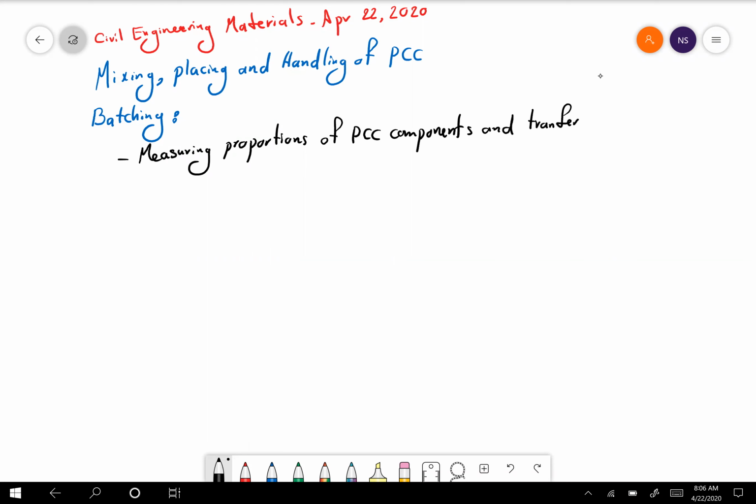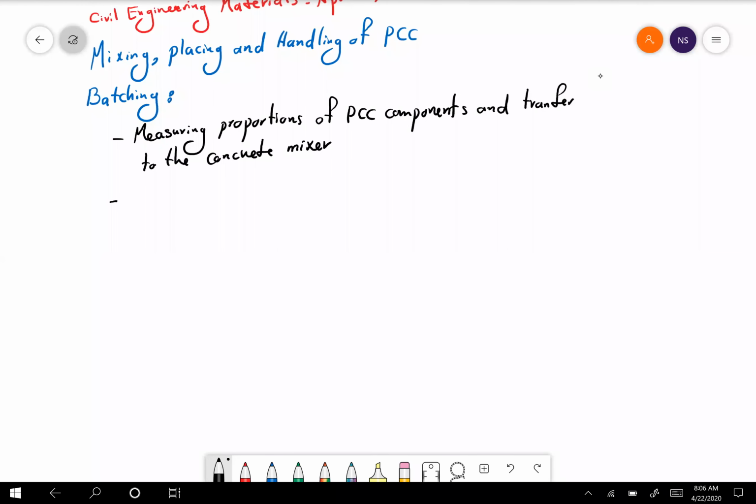The batch plant is usually where we mix all the ingredients together and have the ready mix. We call them ready mix batch plants, and then we have the concrete ready for transferring to the job site.